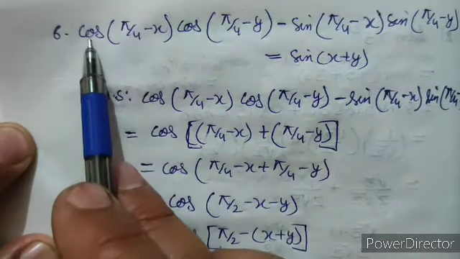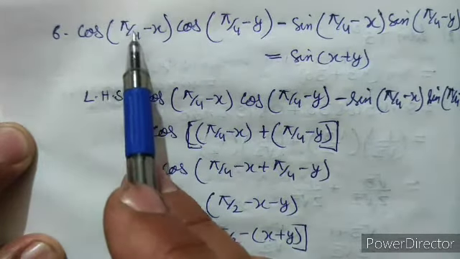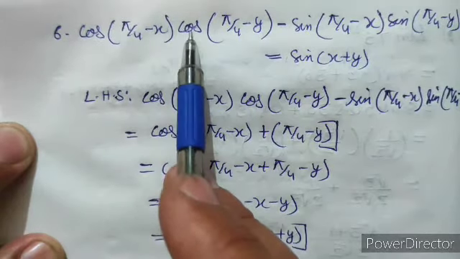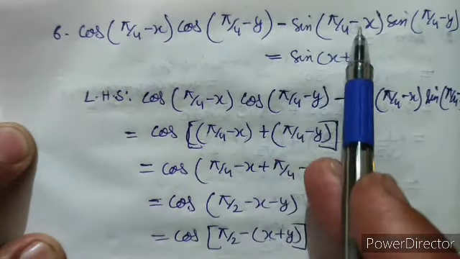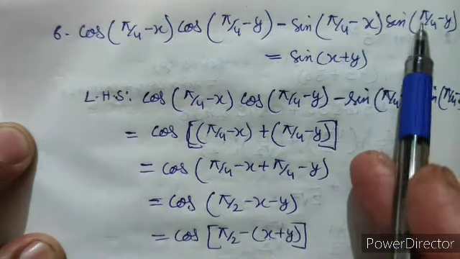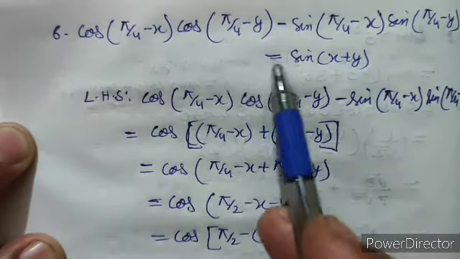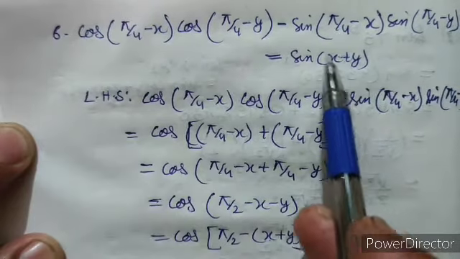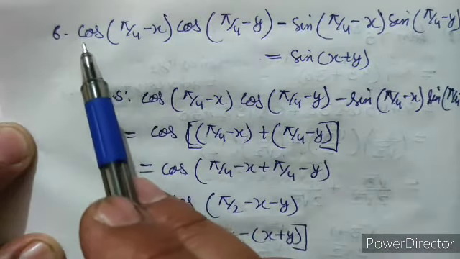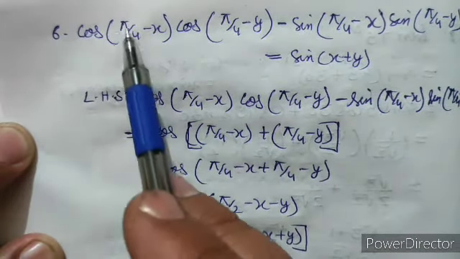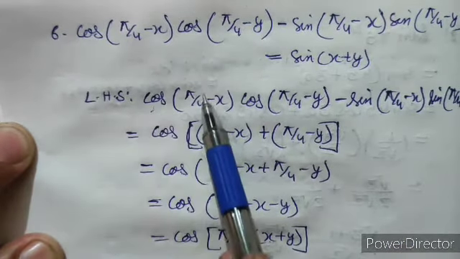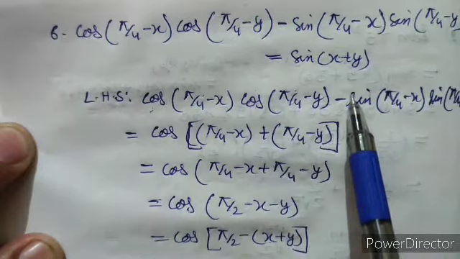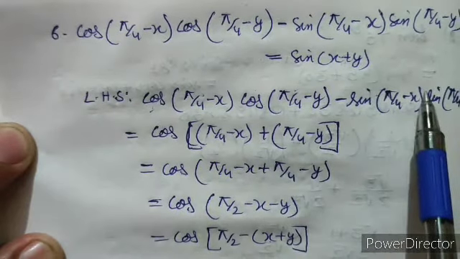In question number 6, we have to prove cos pi by 4 minus x into cos pi by 4 minus y minus sin pi by 4 minus x into sin pi by 4 minus y is equal to sin x plus y. Now, as we see here, this question on taking the left hand side is in the form of cos x cos y minus sin x sin y.